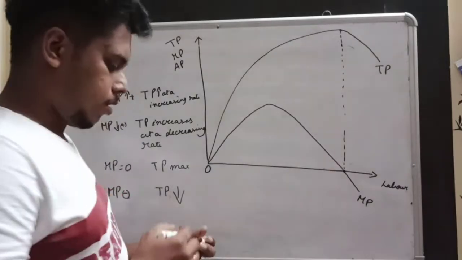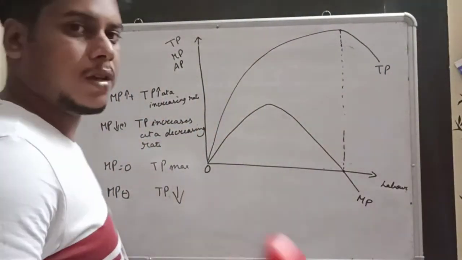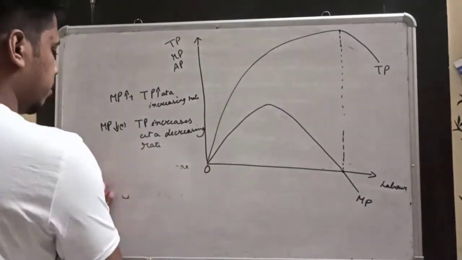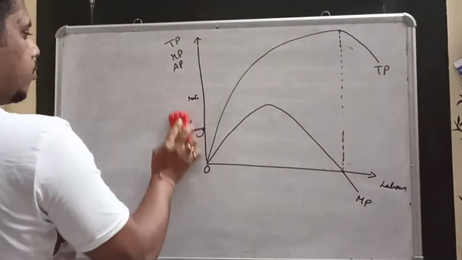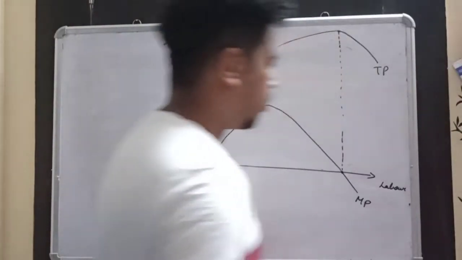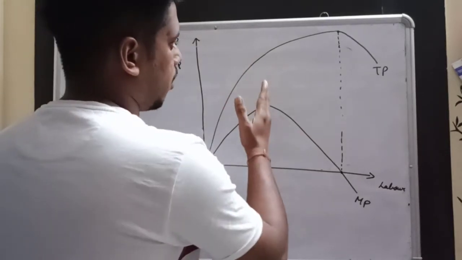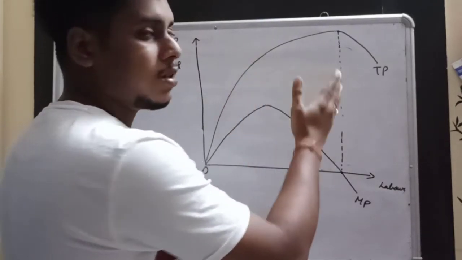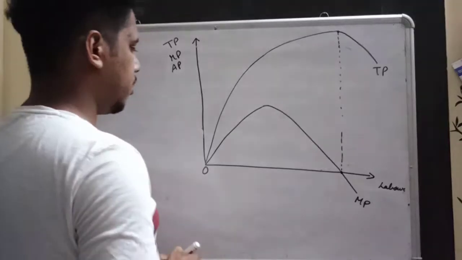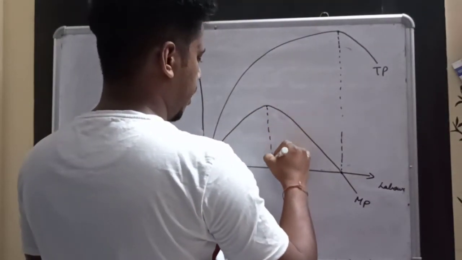So this is the diagram for the law of variable proportion, which is drawn keeping in mind the relationship between TP and MP. Before drawing the diagram, you should know the relationship between these two curves. Now we will divide this diagram into 3 phases. The first phase would be till the point where MP is rising.